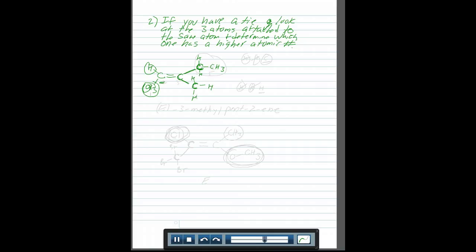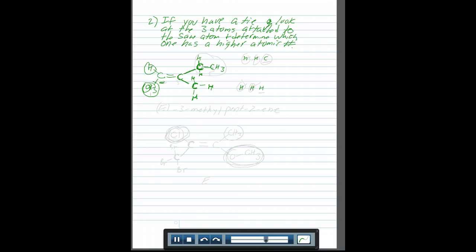So what are the 3 things these atoms are attached to? All right. So this carbon is attached to a hydrogen, and another carbon. So a hydrogen, and a carbon. This carbon is attached to a hydrogen, and a hydrogen.